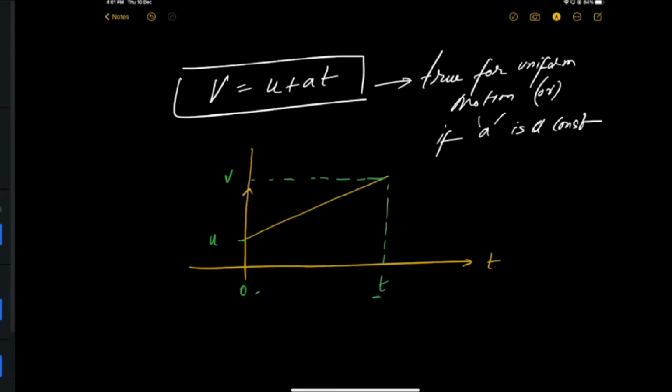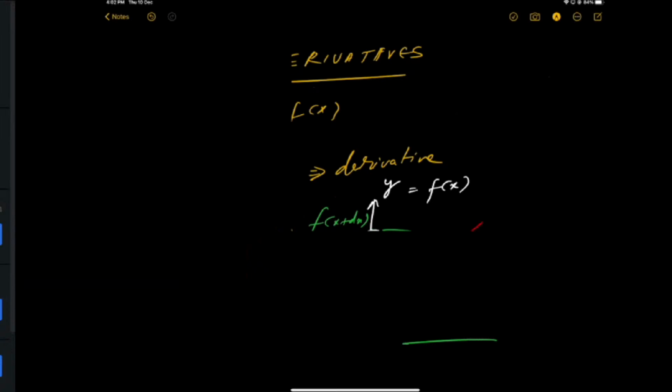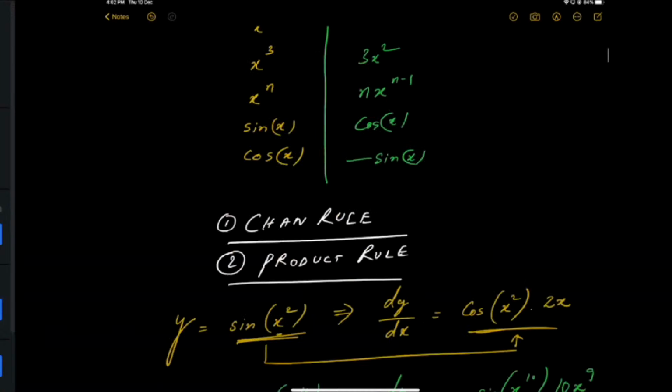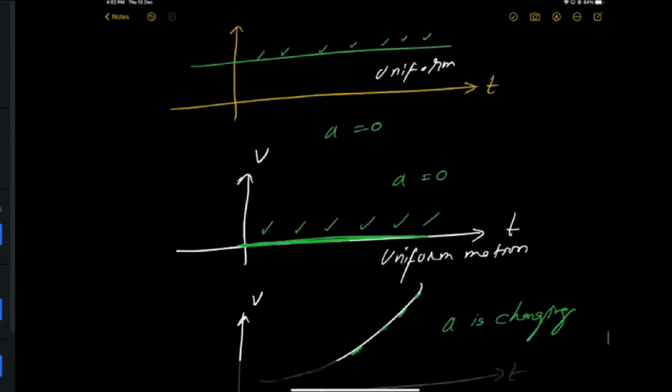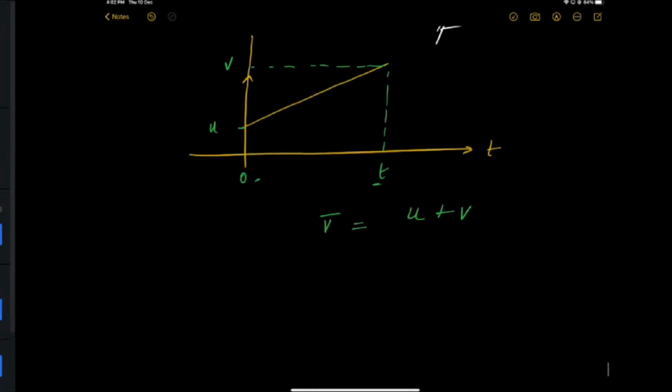So if the situation is like this, then the average velocity between time 0 and t can be found out by what? V average, which is written as v bar, is initial value u plus final value v divided by 2.